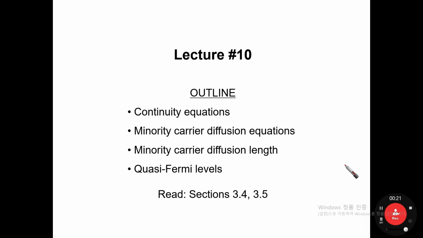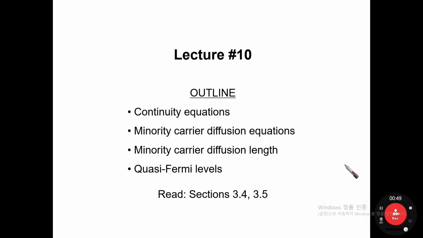To describe mathematically how the carriers within a silicon material are moving around, maybe under a condition of electric field or under any gradient doping concentration, we're going to write down the mathematical equation to describe how carriers are moving around.